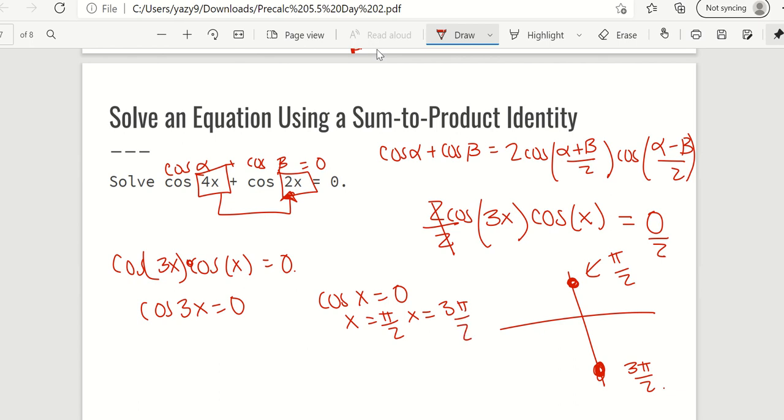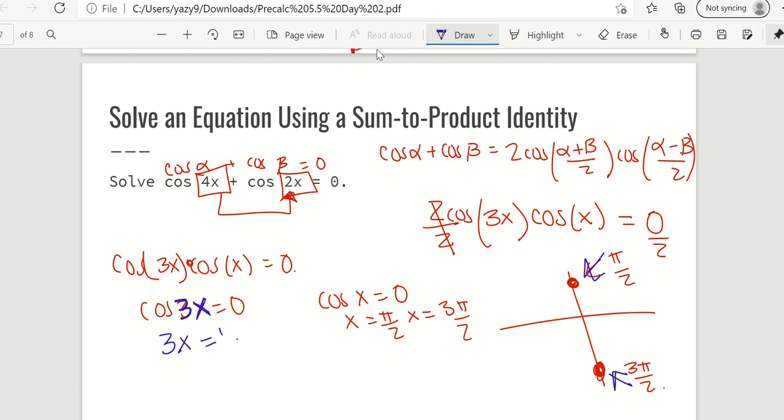This one is a special case, because you don't have just theta, it's 3 times theta, or 3 times x. So 3x is equal to these answers, and you need to solve for just x.